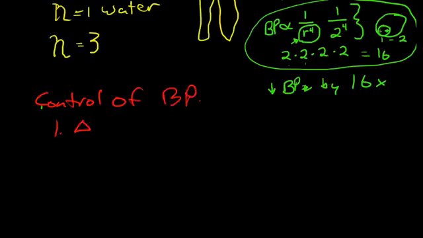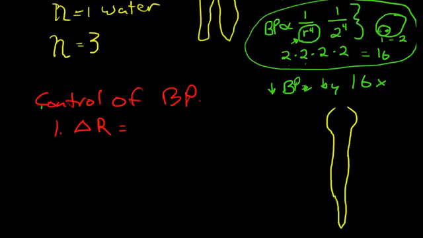Changing radius. In our body, we have the vasomotor center, part of our sympathetic nervous system. This is the main place that we control our blood pressure. It sends out information via the sympathetic nerves.